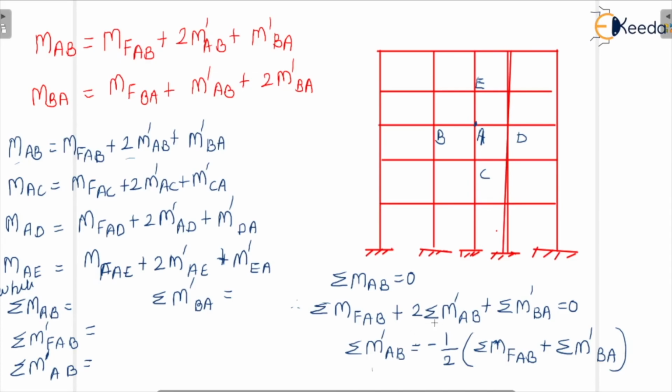We have shown that the summation of M dash of AB is equal to, when all these terms go to this side, and the 2 goes to the other side, it becomes half, and the sign will change. So we get this equation. Similarly, for each member meeting at joint A, we can write similar equations.